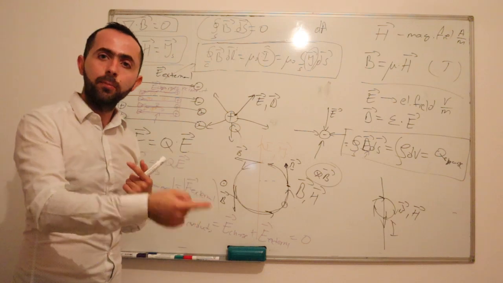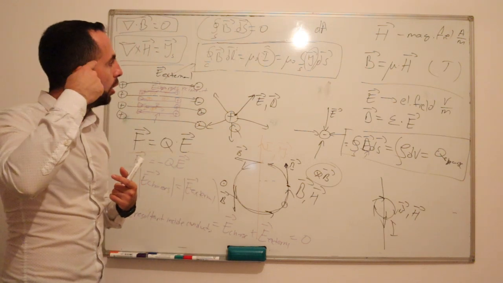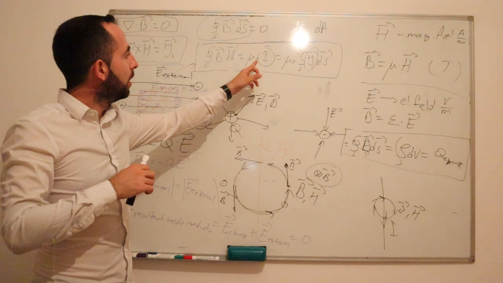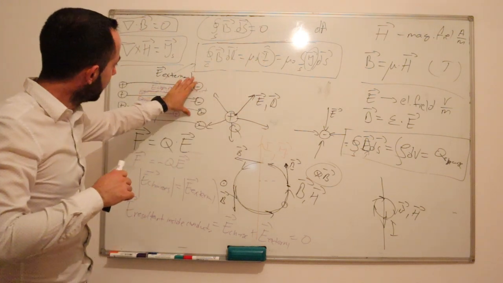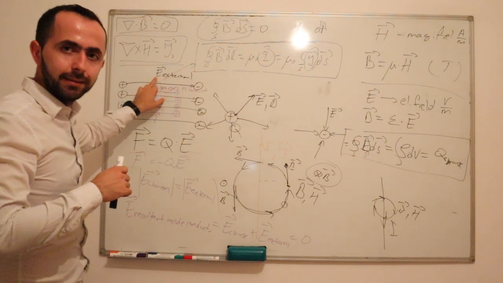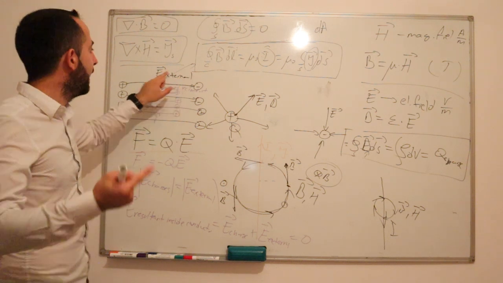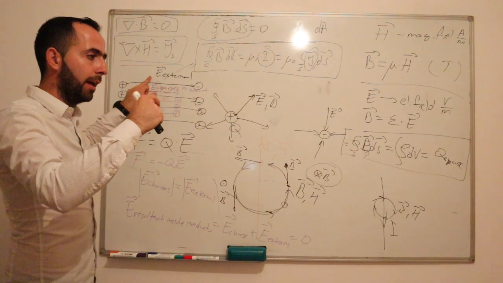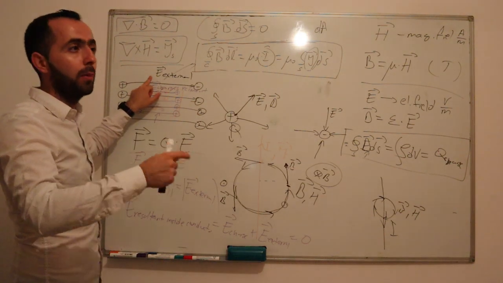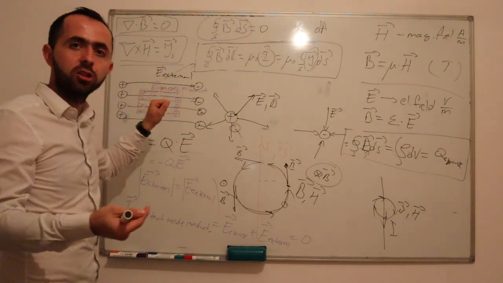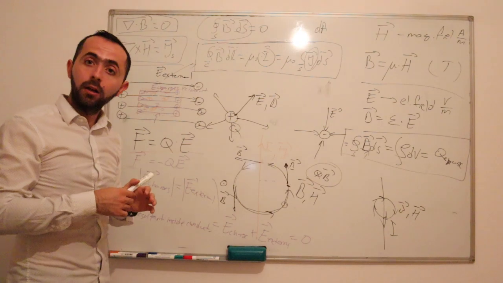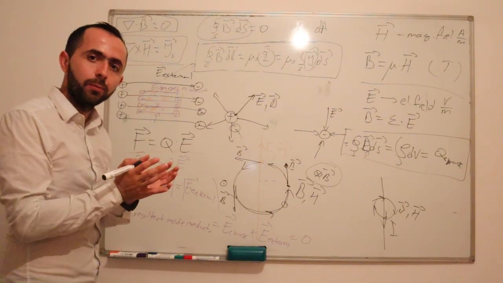Then the next step, logically, would be what if I don't have a constant electrical field here, if I have an alternating electrical field which changes in time and maybe changes its direction. When we come to Faraday's law, we will come to that point.